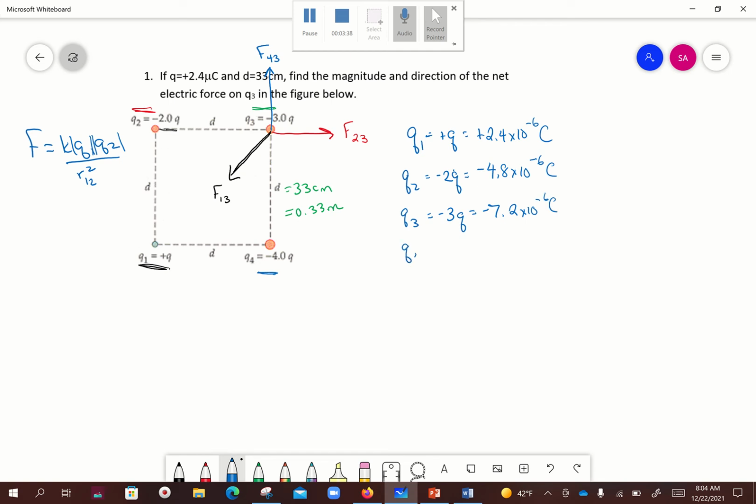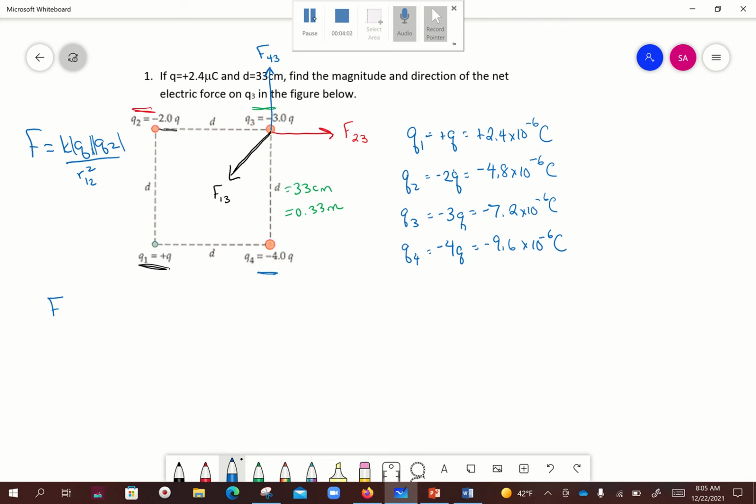And Q4 is minus 4Q, so that's minus 9.6 times 10 to the minus 6 coulombs. All right, so now I've got all my numbers and I want to find the magnitudes.